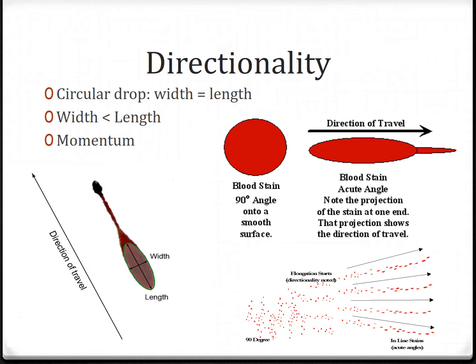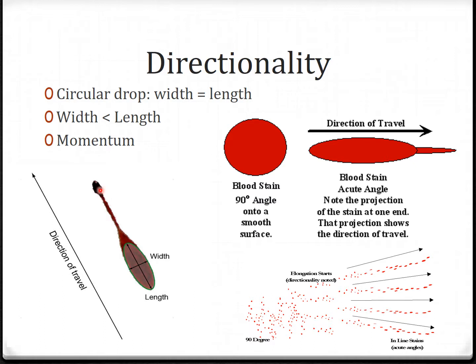So this will tell us the direction that the blood drop was moving along, and that momentum is going to keep the blood moving in the direction it was traveling. So as the droplet moves away from its source, let's say it's hitting a wall at a 50-degree angle. Why not? Okay, so it's hitting the wall at a 50-degree angle. It's going to continue moving along that 50-degree angle, but it's going to produce this much thinner tail, right?